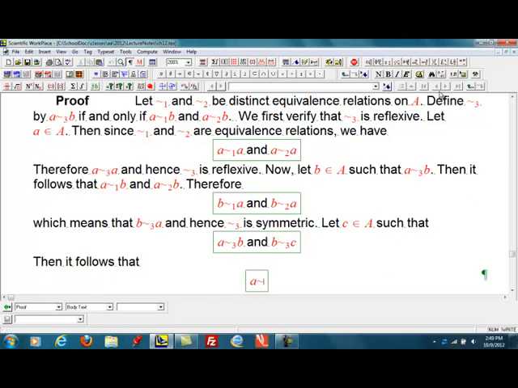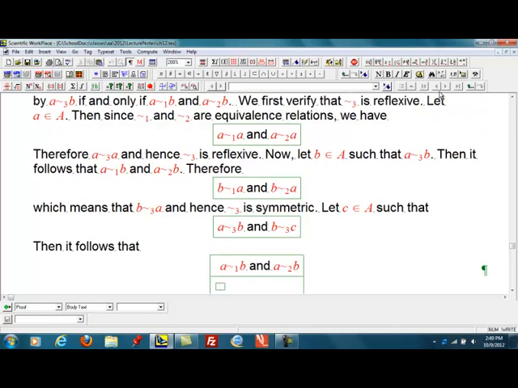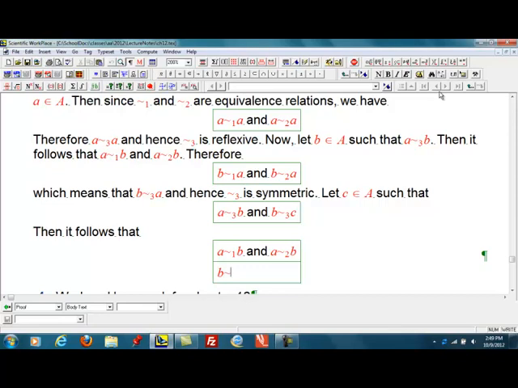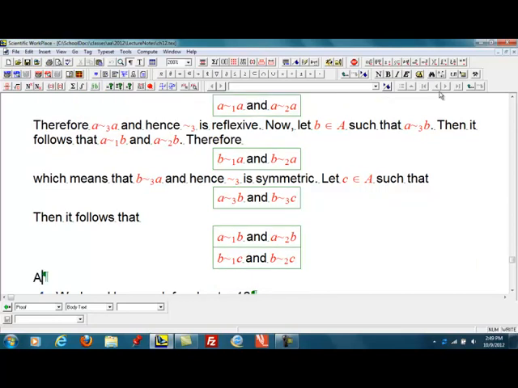I know A is 1 equivalent to B, and A is 2 equivalent to B. And I know that B is 1 equivalent to C, and B is 2 equivalent to C. And then A is 1 equivalent to C.